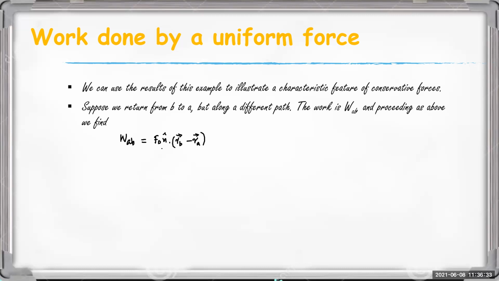And if we consider this with the previous, here it is not RB, we return from B to A. Then here the first is RA and here it is RB, RA minus RB.